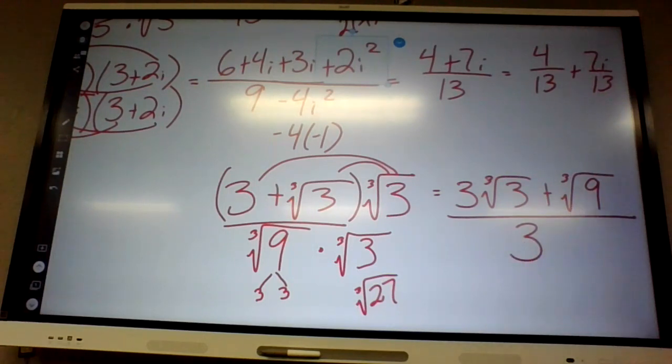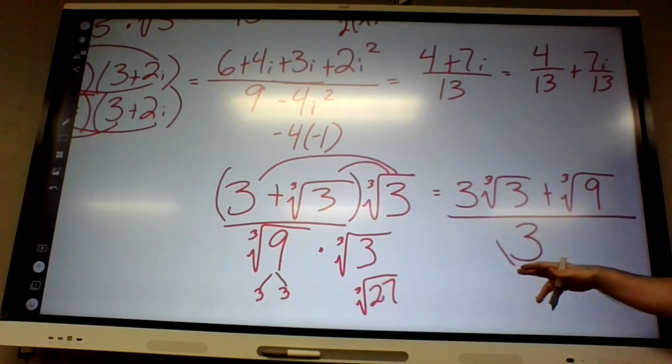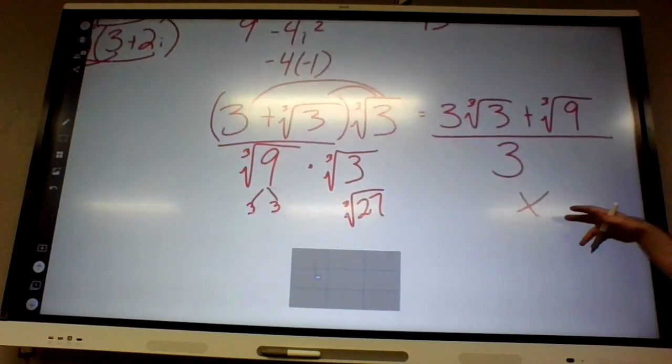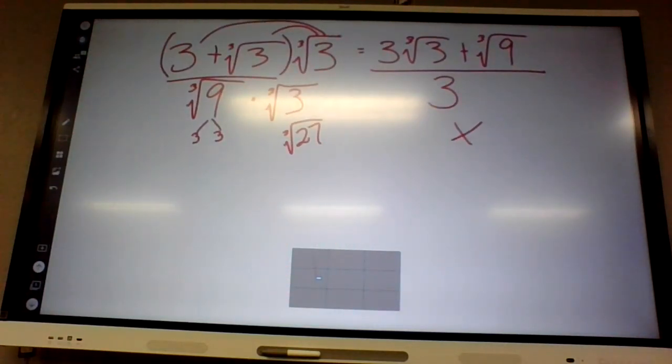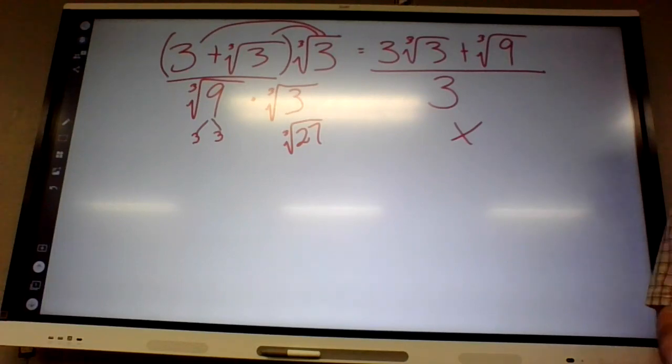That's why we did it, to turn it into a number. Does that reduce? No. It's got to go into both of them if you don't separate them. So it doesn't really reduce like that, unless you separate them.